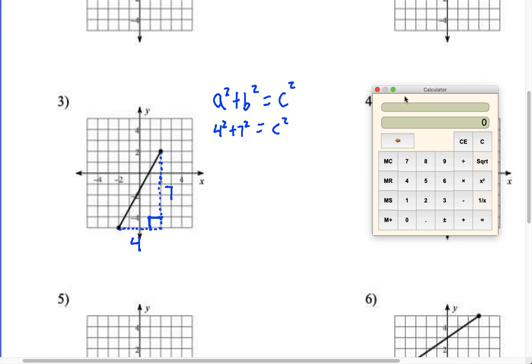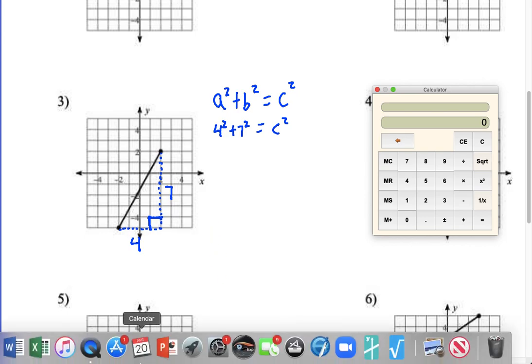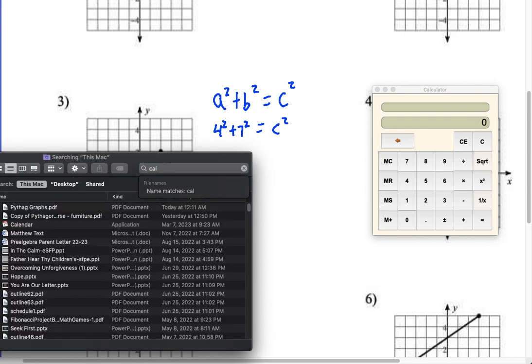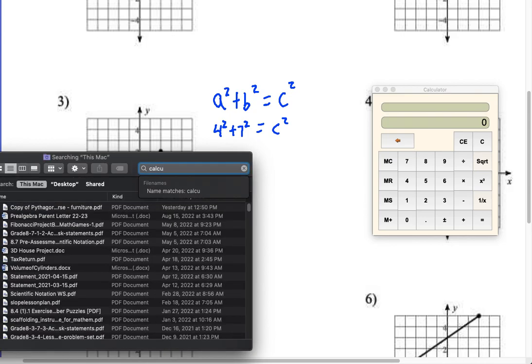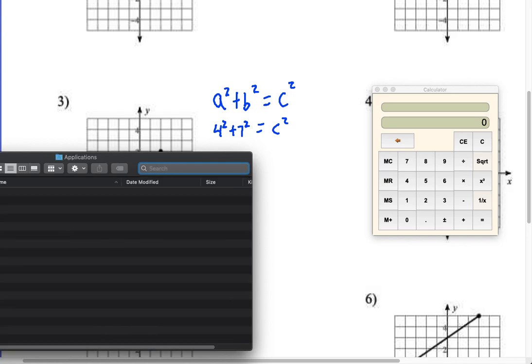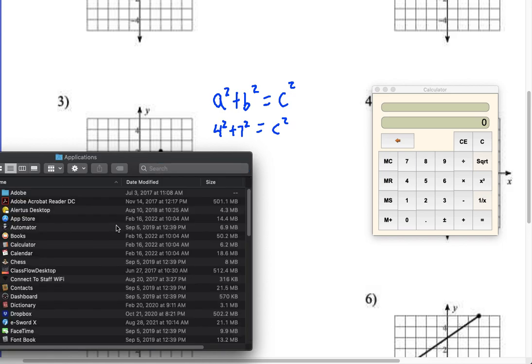My calculator will not do this because I guess it is not programmed correctly. Let me open up a calculator here real quick. Oh, come on, where are you at? Well, that's not okay. Applications. Goodness, sorry.